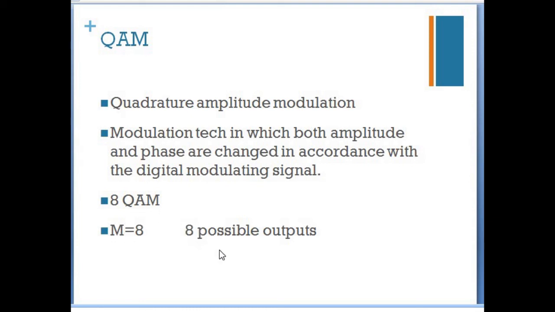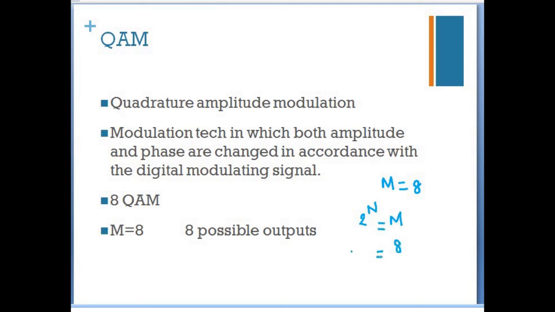In this 8 QAM, we have 8 possible outputs. To get 8 possible outputs, we have to apply 8 different possible inputs. So here m equals 8 possible outputs. The formula is 2 power n equals m.